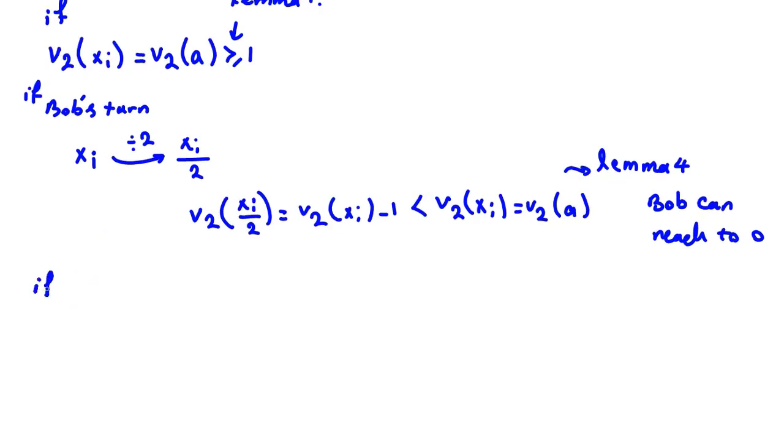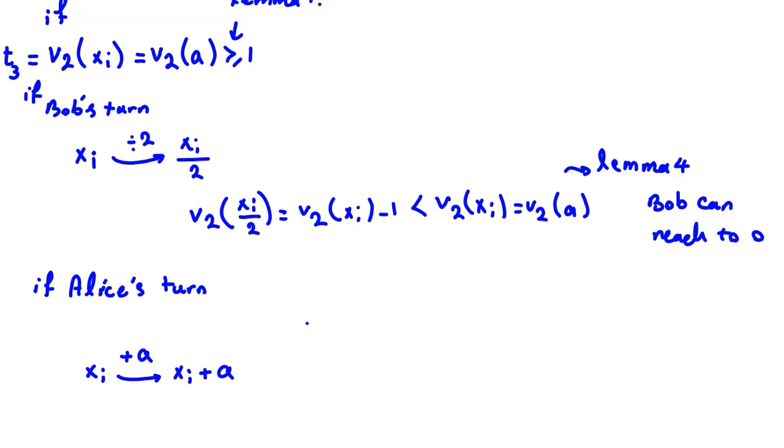But if it is Alice's turn, then we can say what? Alice adds a to xi, so it will be xi plus a. Now I want to consider what v2 of xi plus a is. Suppose here it is t3.